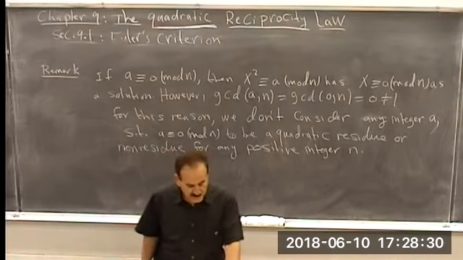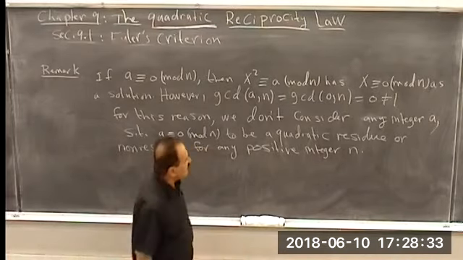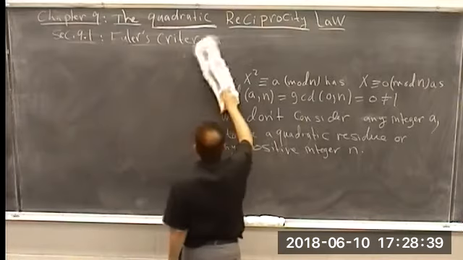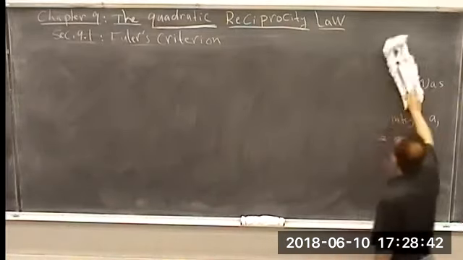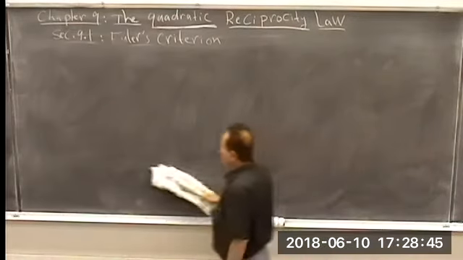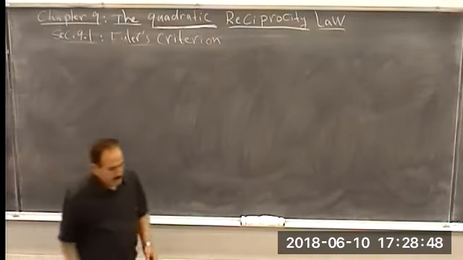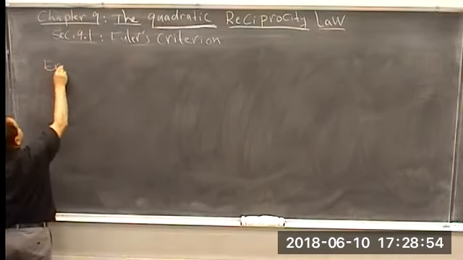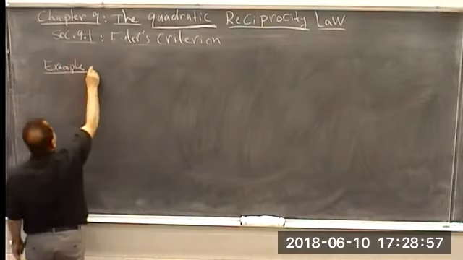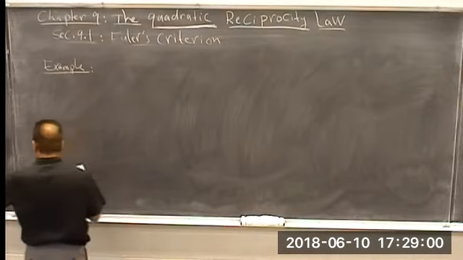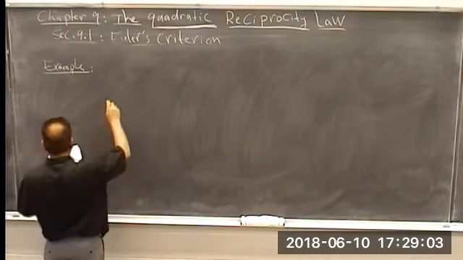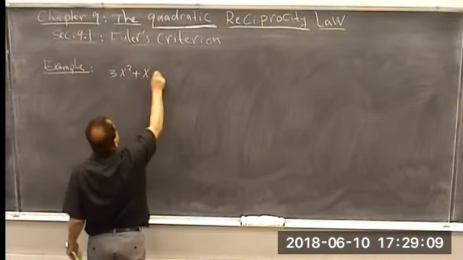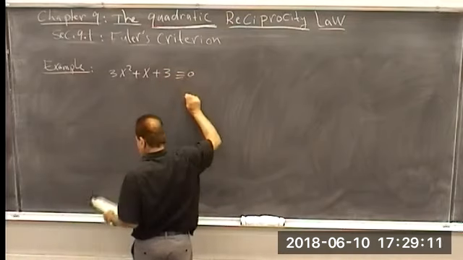All right, let's look at an example of how we would go ahead and solve a quadratic congruence equation, just applying the method of the theorem. So here's an example. Let's look at 3x squared plus x plus 3 congruent to 0 mod 17.